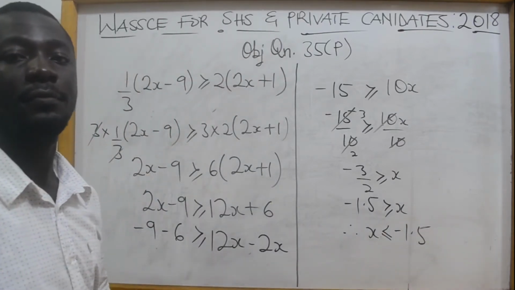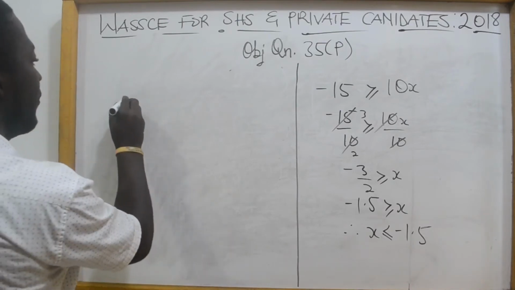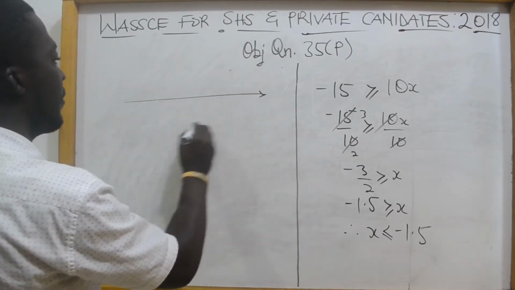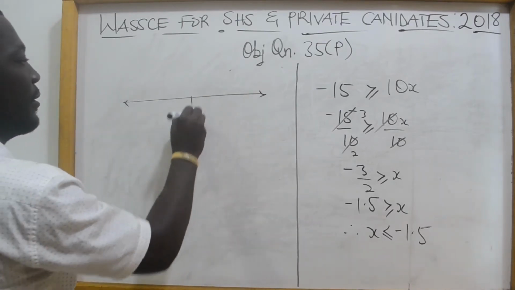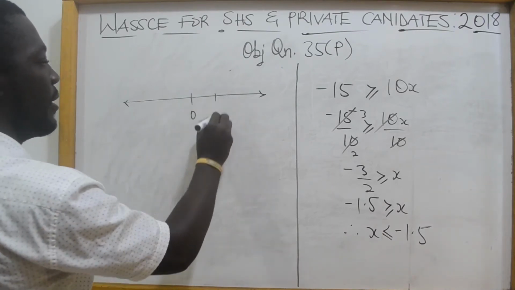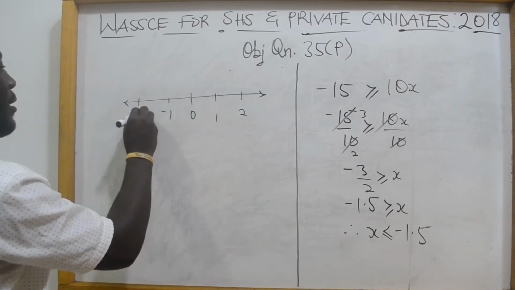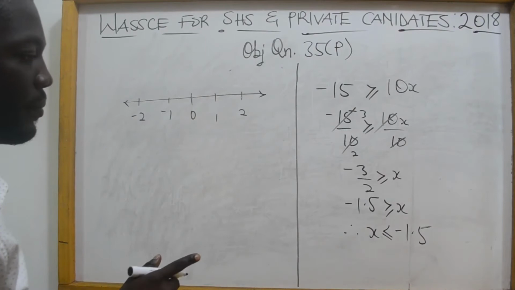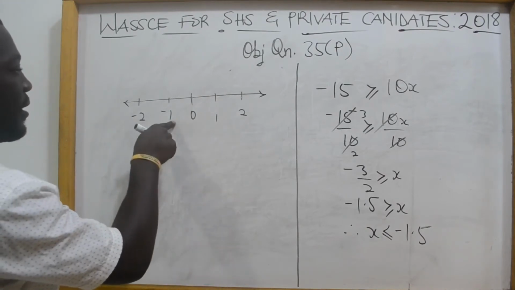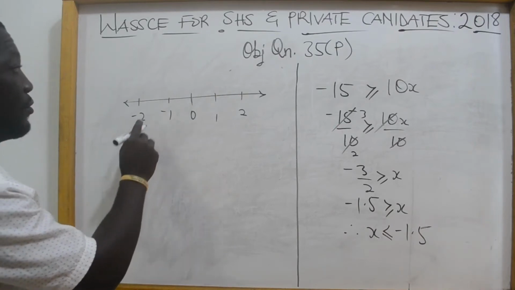To represent this on a number line, we draw our nice horizontal line, then we divide the line with 0. We have here 1, 2, negative 1, negative 2, but the number is negative 1.5, so it will come in between negative 1 and negative 2.